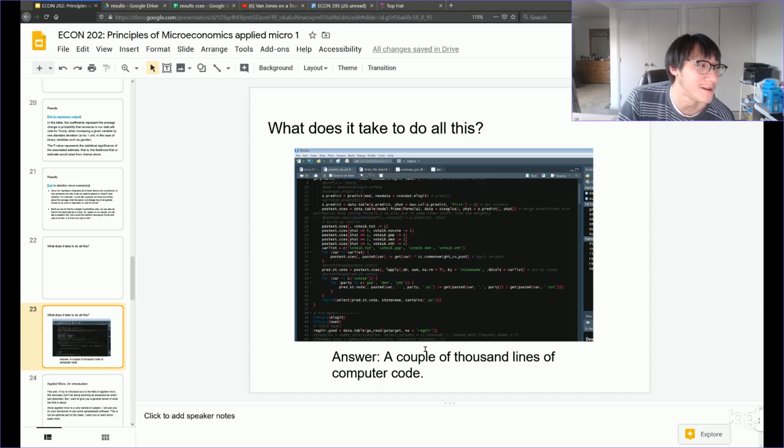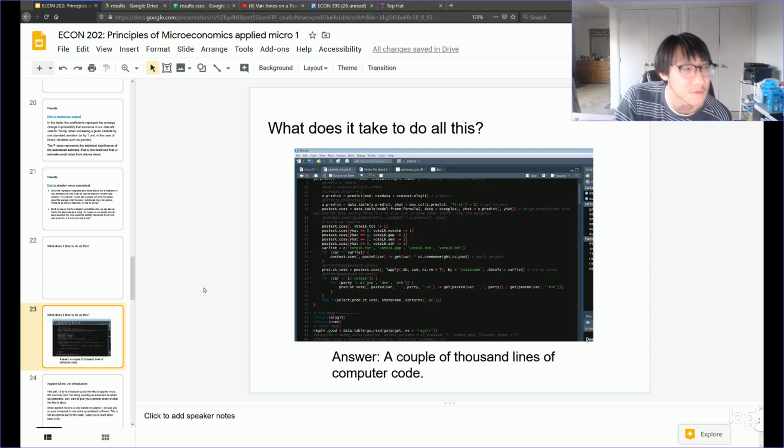Okay. Now, obviously, you're not going to be running these types of models by hand. You're not going to be computing these metrics by hand. It would take you a lifetime to do that. Okay. And so what you do is you learn how to have the computer do the heavy lifting for you. For example, most of the research that I just showed you in that project was done using a statistical package called R. R is a very popular package, but there are many others.